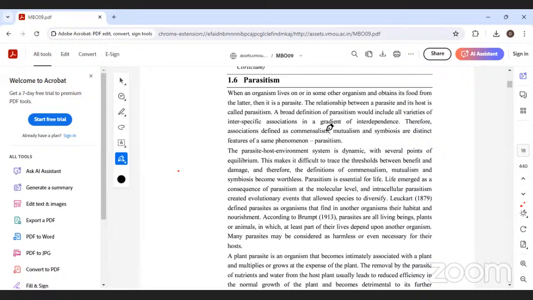Parasitism is essential for life. Life emerged as a consequence of parasitism at the molecular level, and intracellular parasitism created evolutionary events that allow species diversity. The scientist Leuckart in 1879 defined parasitism.